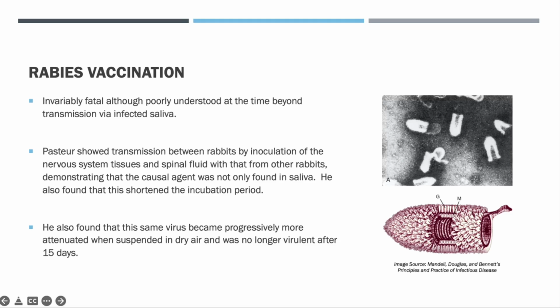And this really demonstrated that the causal agent was not only found in saliva. And he also realized that this shortened the incubation period. He also found that if he did the same, but allowed the virus to air dry, then it would become progressively less virulent. And then after 15 days, it was actually no longer virulent at all.